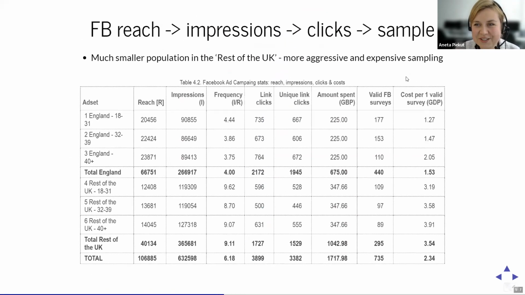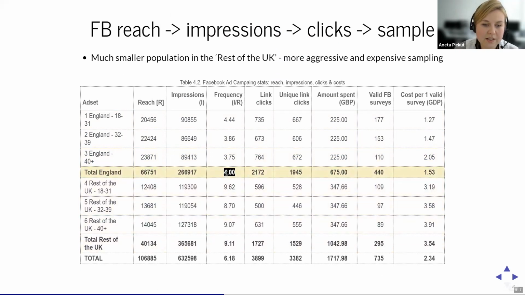Going back to another long table, I just wanted to demonstrate to you how aggressive the campaign was overall. So the first column is the actual reach of the campaign that I discussed before. And then we also get statistics on impressions, so we can calculate the frequency, how many times participants had a chance to see our ad.